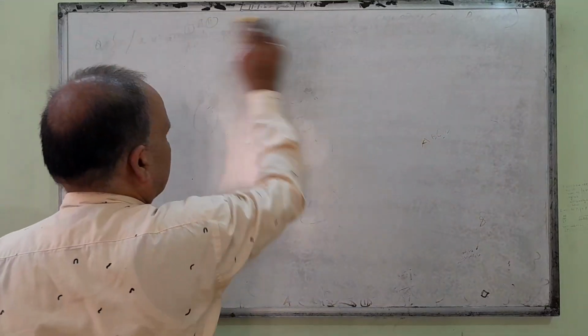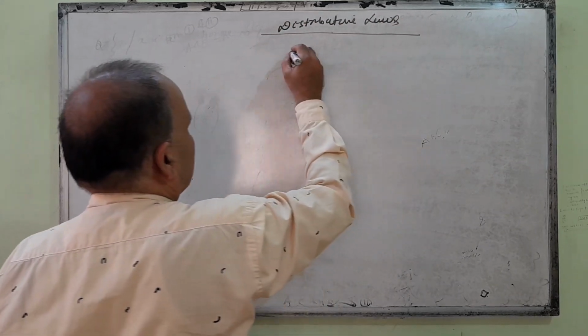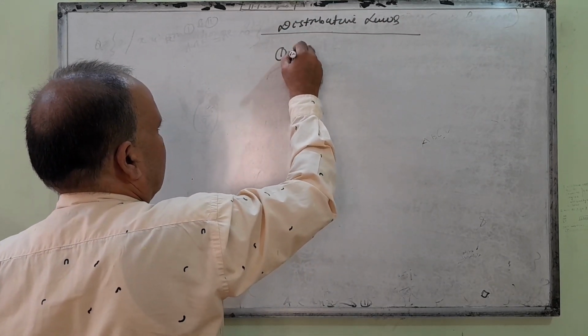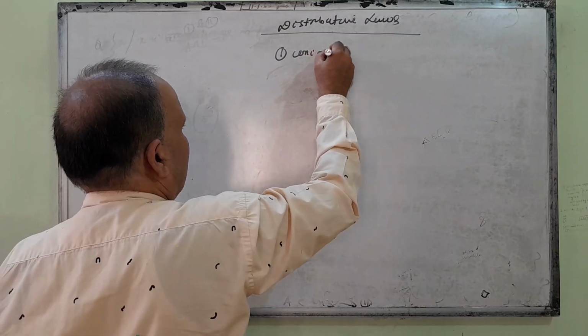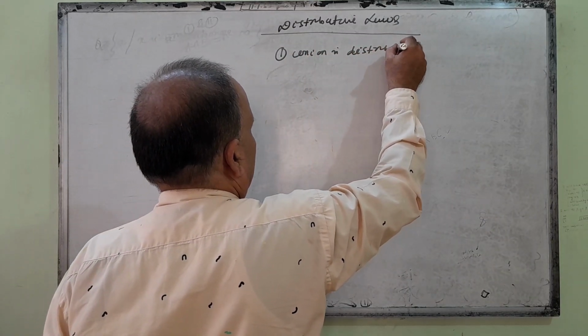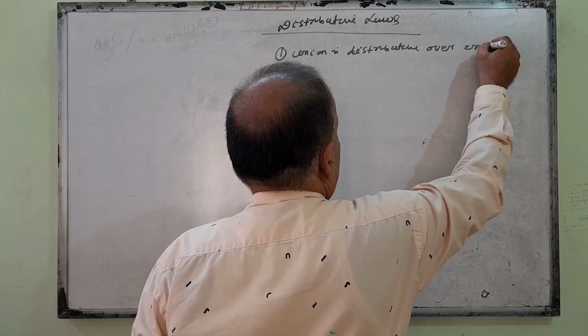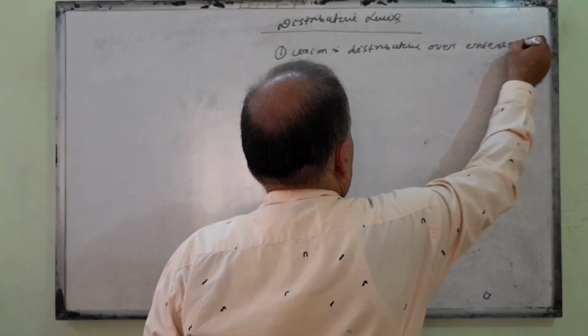Next come to your distributive laws. There are two distributive laws. First one is union is distributive over intersection.